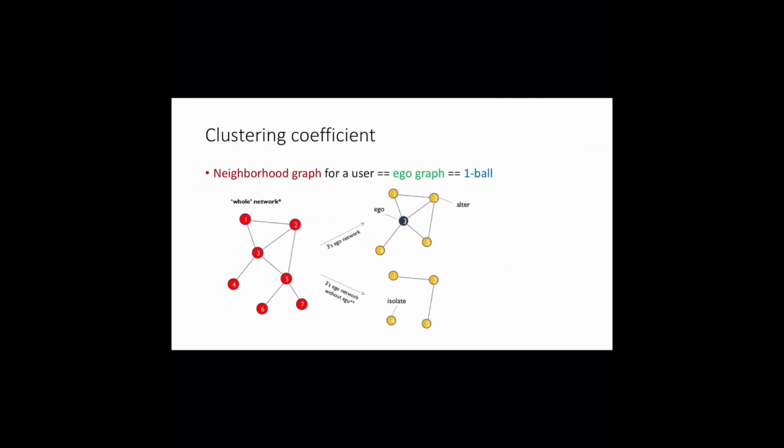So if things like the path lengths and component structure give us a macroscopic view of the network, clustering coefficients and degeneracy are more local properties of the network.